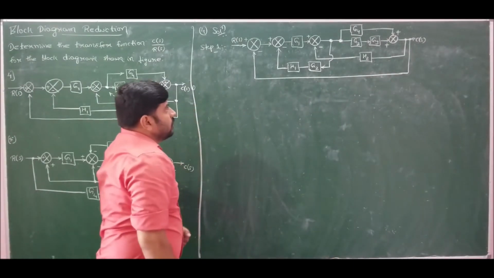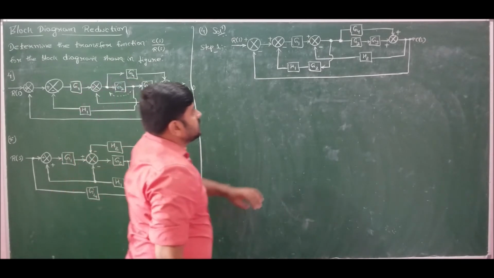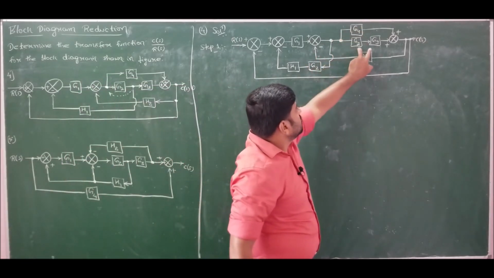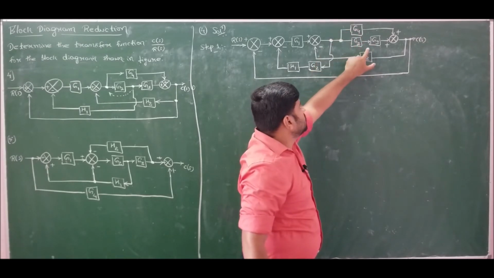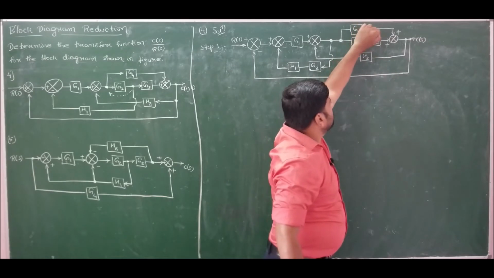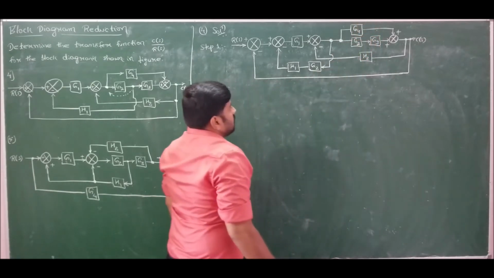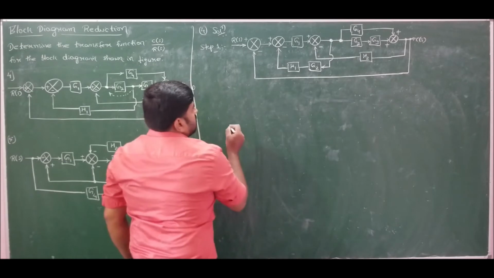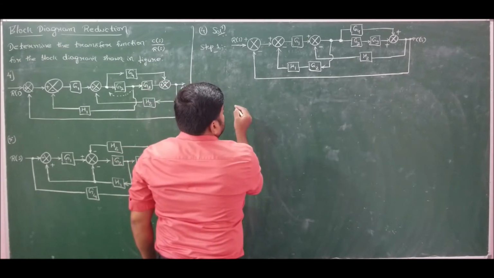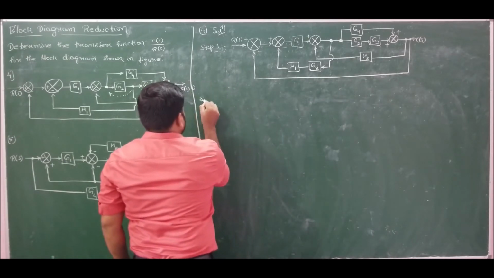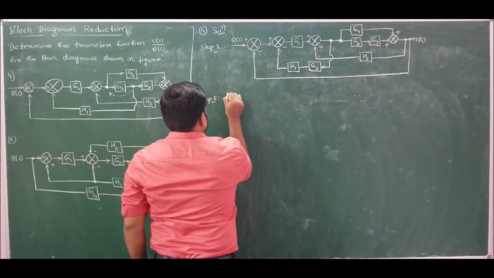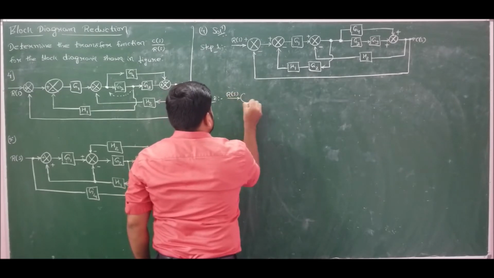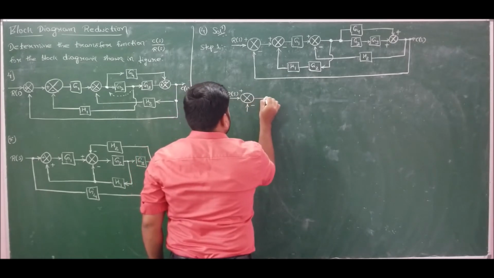Now moving to step 2, a clear observation is that this will be solved. These two are in series, G2 G3, and G2 G3 is in parallel with G4. The solution is G2 G3 plus G4. So this complete thing will vanish. Therefore, in step 2, I will get the solution as: R(s), summing point plus minus, unity feedback.